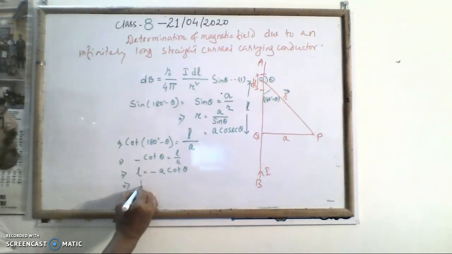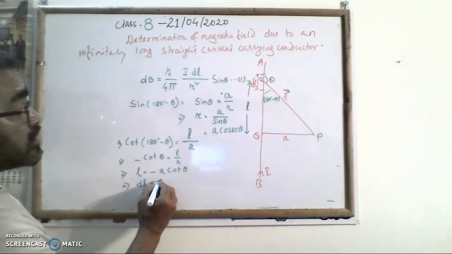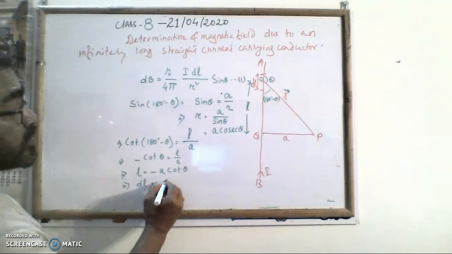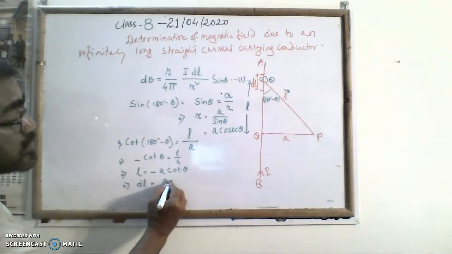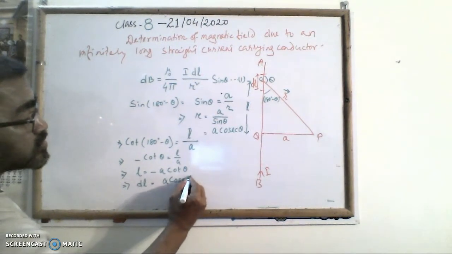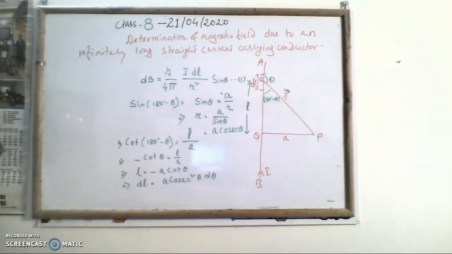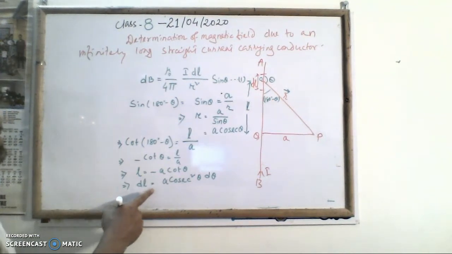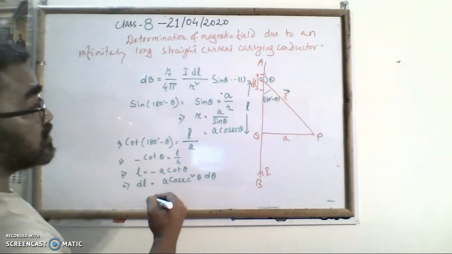If you differentiate, you'll get dl is equal to, differentiation of cot theta is equal to minus cosec square theta, so minus minus will be plus A cosec square theta. Again differentiating theta, you will get d theta. So the value of dl is obtained from this equation, A cosec square theta d theta.